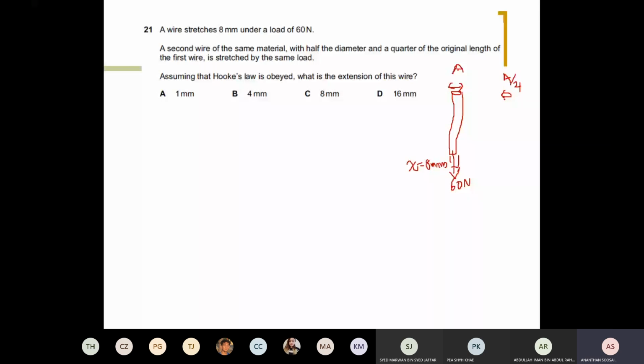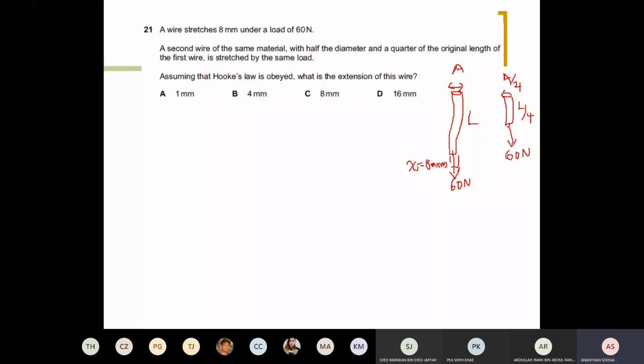And the length is how much? Length is a quarter length. We take the first as L, and this one is a quarter L. It was applied with the same force, 60 Newton. Assuming Hooke's law, what is the extension?